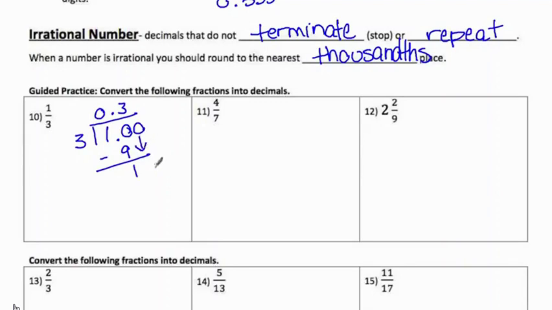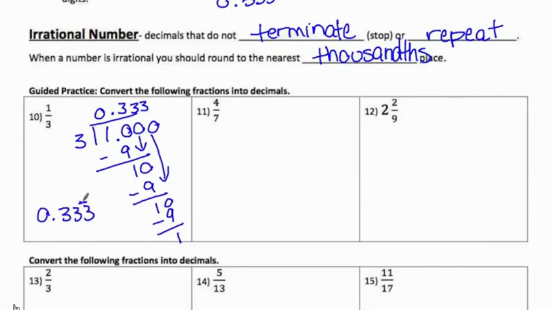Then I bring down another 0. 3 goes into 10 3 times, 9. I'm starting to get a pattern going here, but I have to check it a third time. 3 goes into 10 3 times, 9. Okay, I officially have a repeating pattern here. So when I write my answer, I'm going to write 0.333 repeating. And I went out to the thousandths place to make sure that it was repeating.